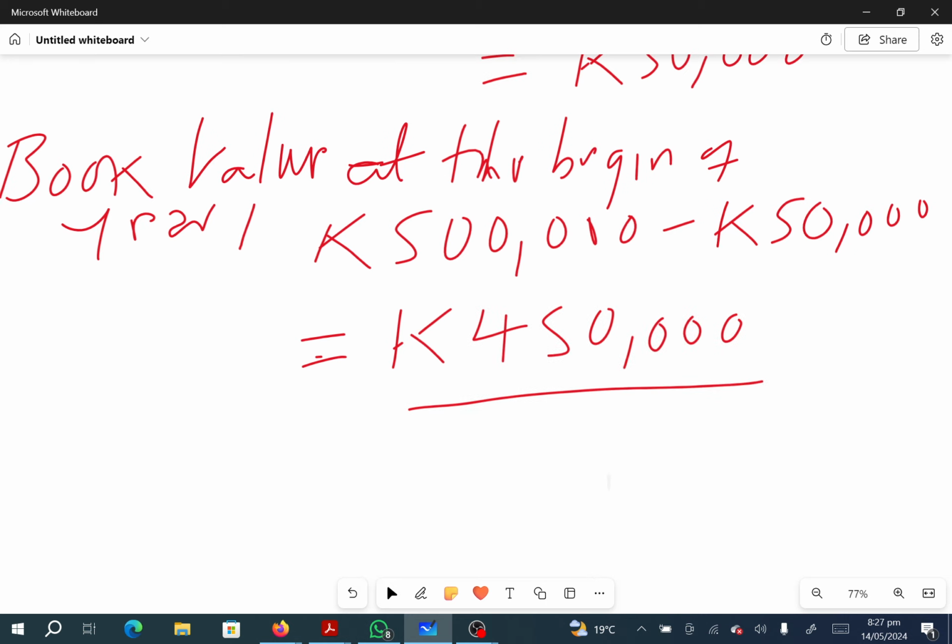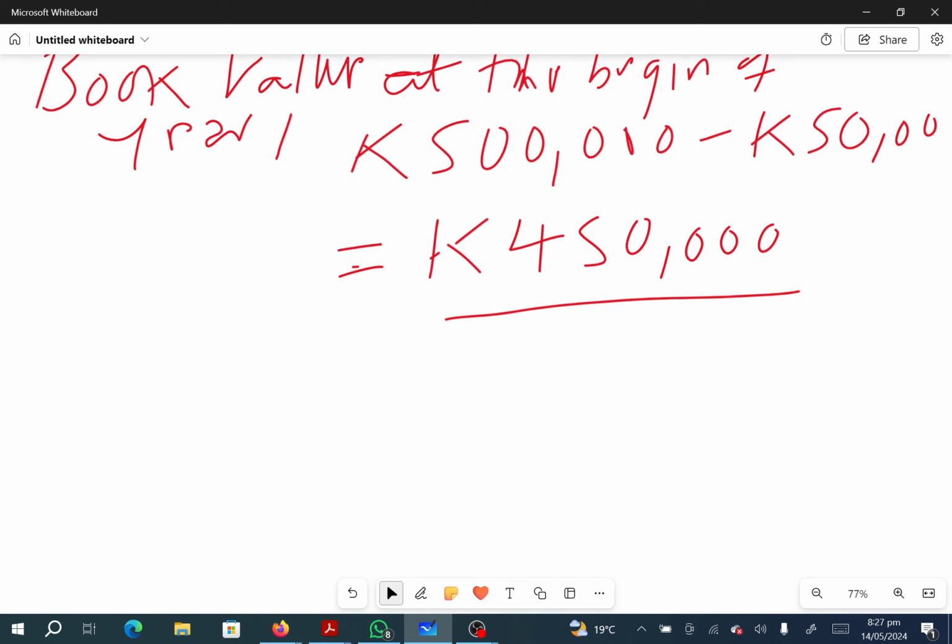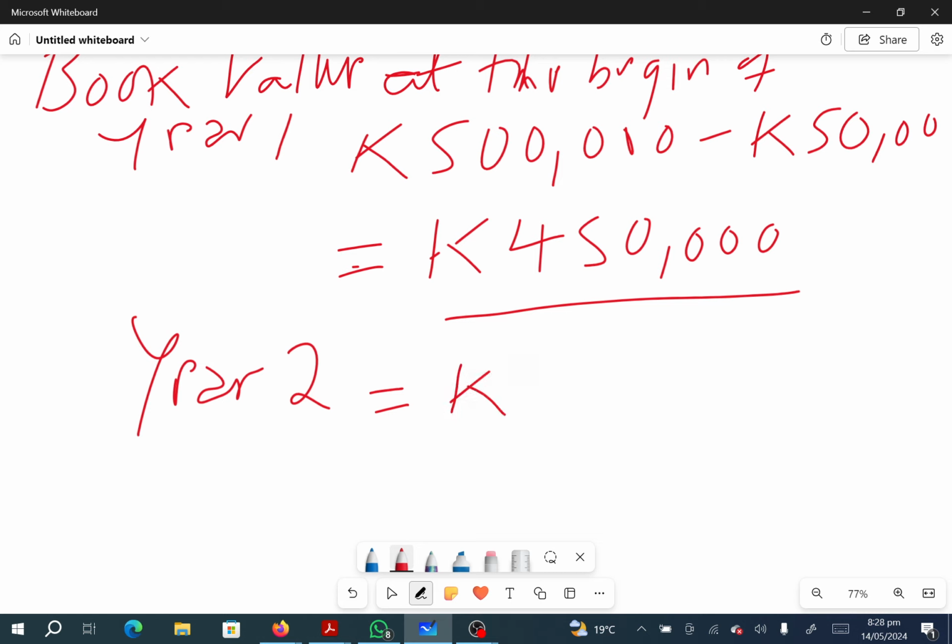Then we go to year two. For year two, the depreciation expense is based on the book value of 450,000, which we multiply by the rate of 10%.